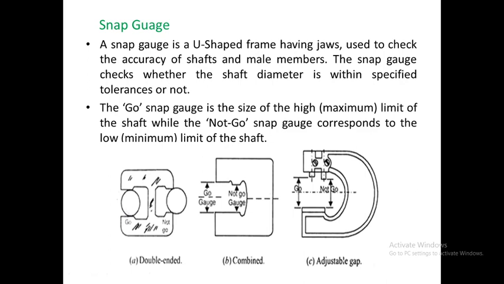After checking the accuracy in the go gauge, we will insert the same shaft inside the no go gauge, and as per the name, the shaft should not pass through it. So if the shaft does not pass through the no go gauge, then we can say that the manufactured shaft is accurate, or it is lying within the stated limits. So in the double ended, both go and no go are manufactured as a single unit.